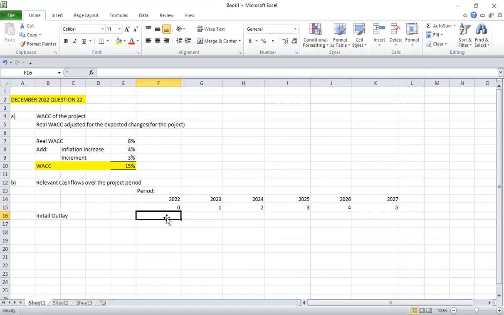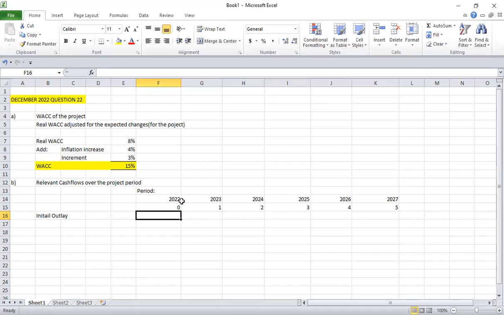And where has the question talked about the initial outlay? I want you to look at note number 2. What are we told in note number 2? That Trex will require the purchase of a machine at a cost of 100 million shillings, and this would happen at the end of the year 2022.